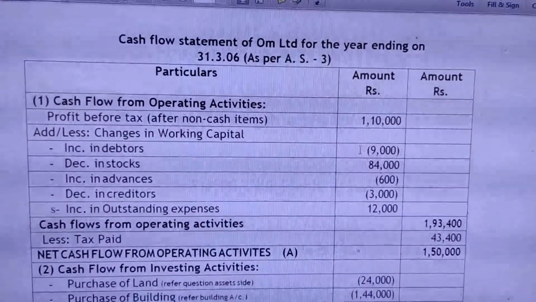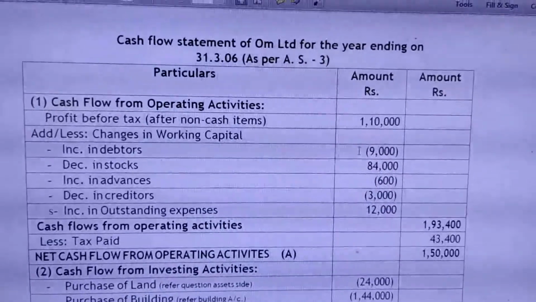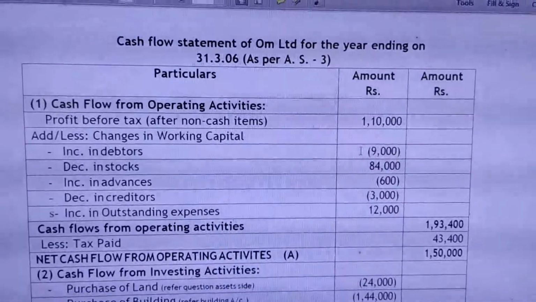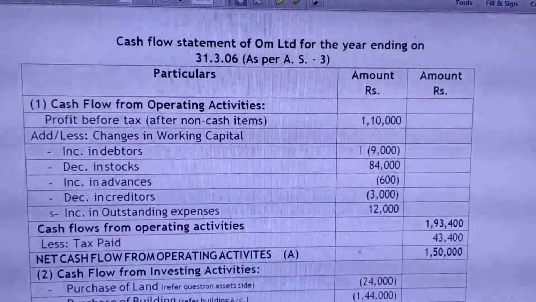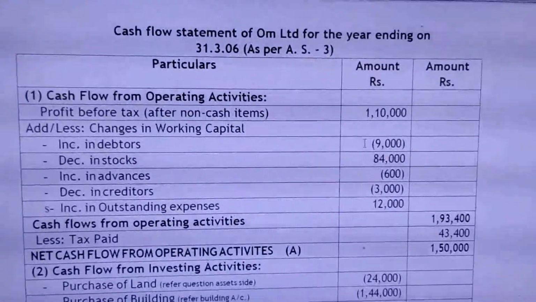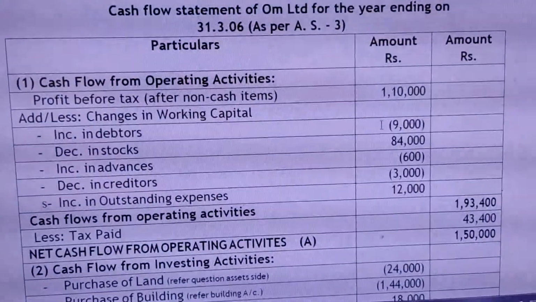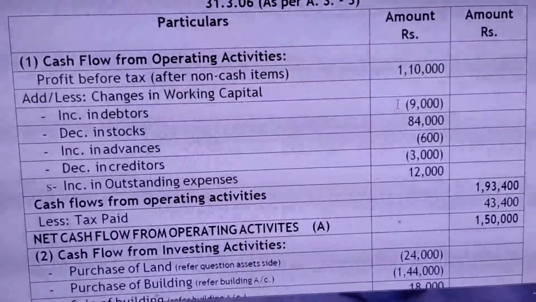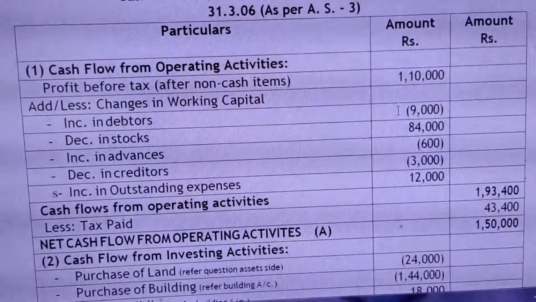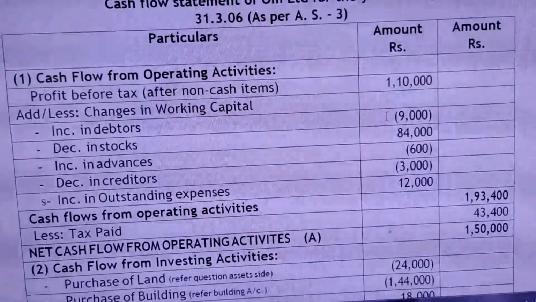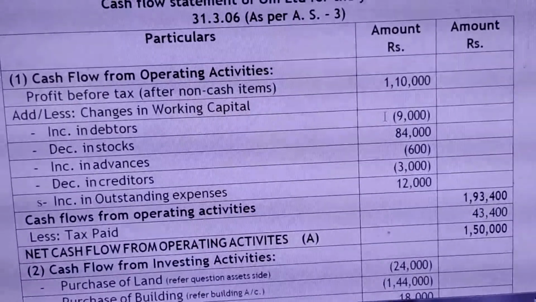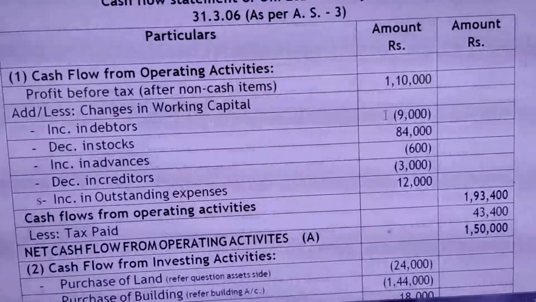Profit before tax is 1,10,000, which is taken from the adjusted profit and loss account. And add or less changes in working capital. So now you just compare debtors from opening balance to closing balance.